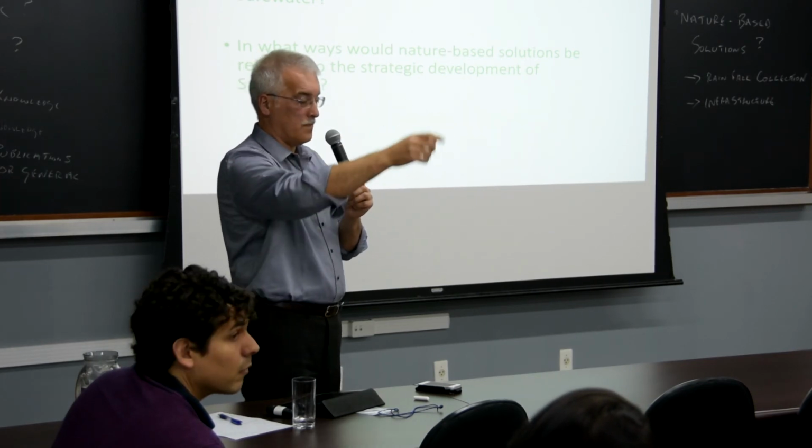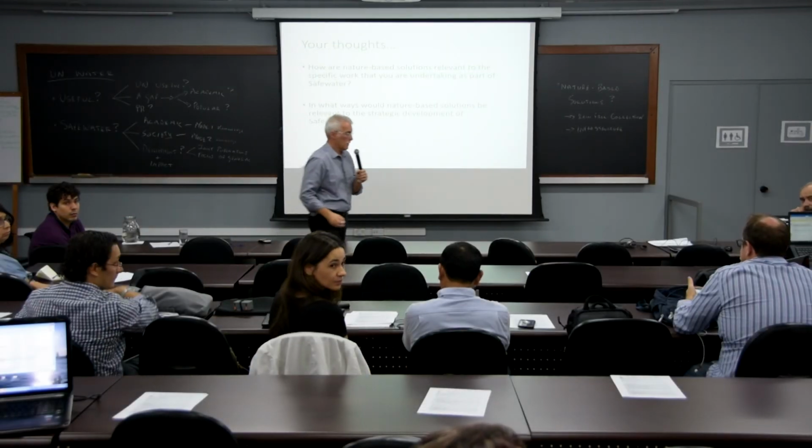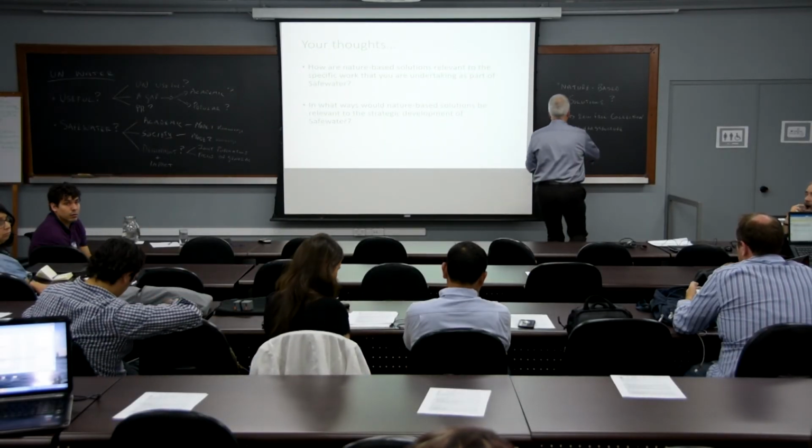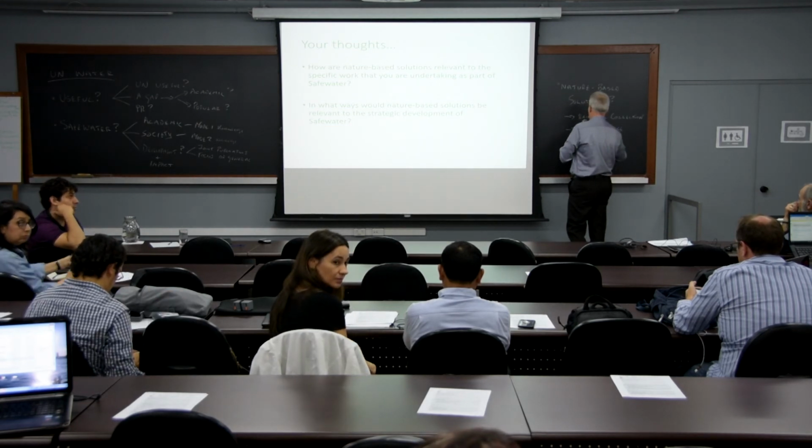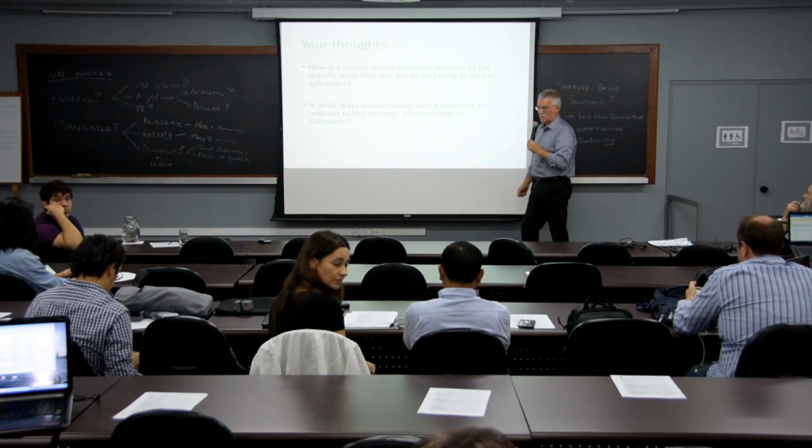Any other examples? It's not an example, it's a comment about what Patrick said. In our case, it's easier. For example, in SafeWater, you put a solution in each house. Normally, in the cities, they use a collective solution. A collective solution is easier in administrative form, in business.